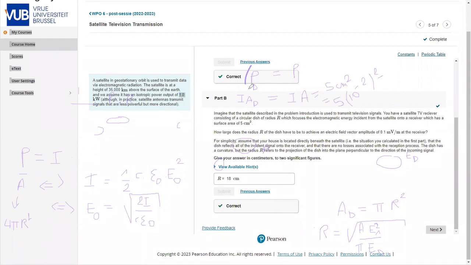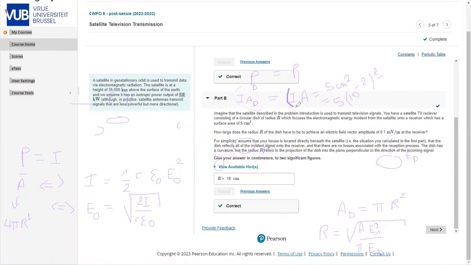So you have the power of the new one from part B, and my power. What I did is, intensity is always equal to this formula, you know this formula. So for the dish, my E is going to be this one, and I already talked about this one.